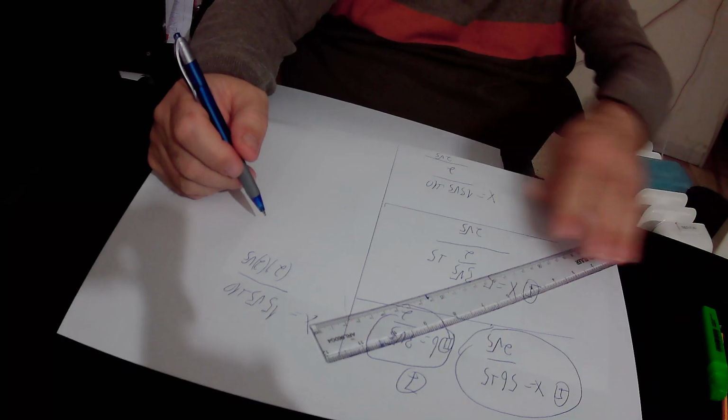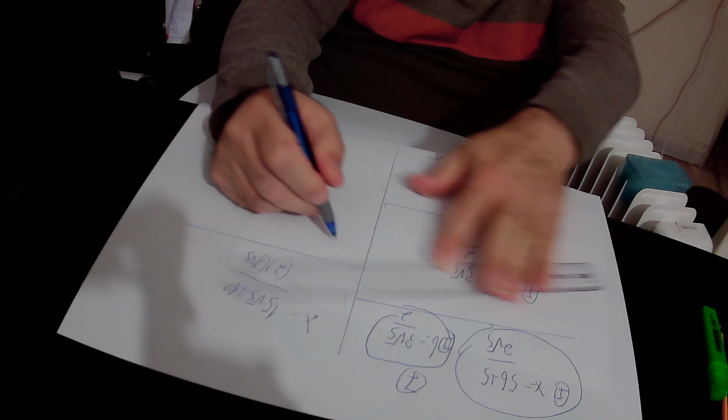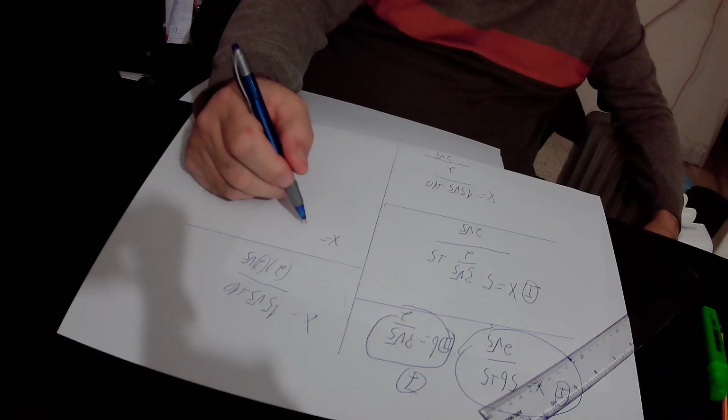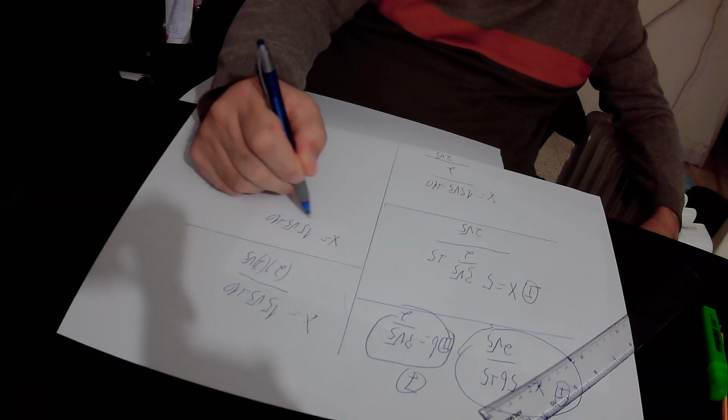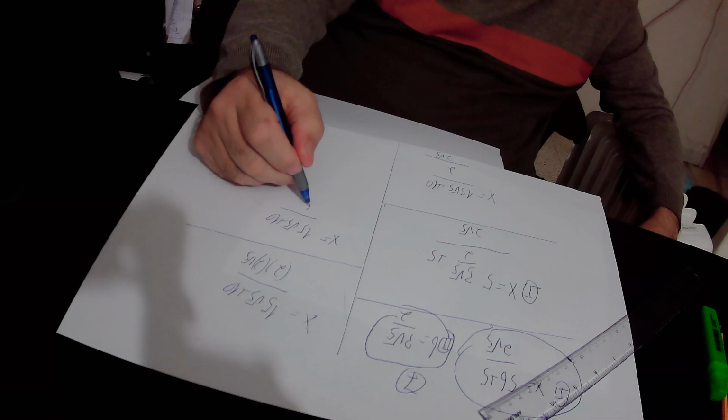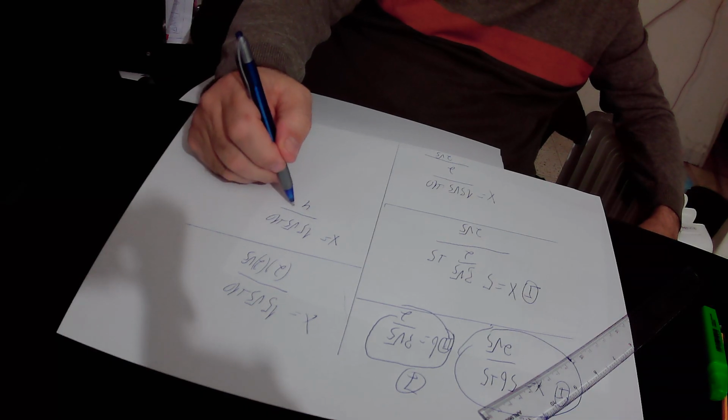So x equals 15 times square root of 5 plus 10 over 2 times 2 is 4, so in total in the denominator we have 4 times square root of 5.